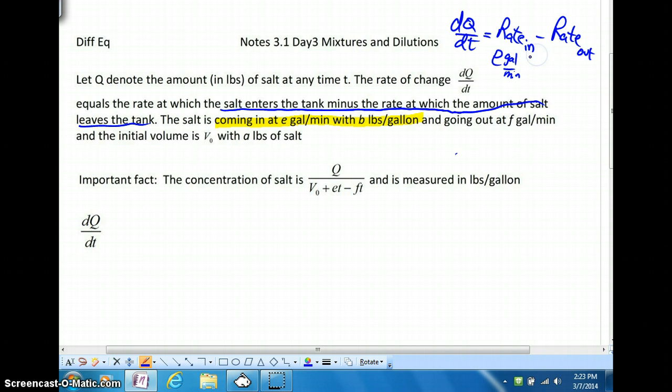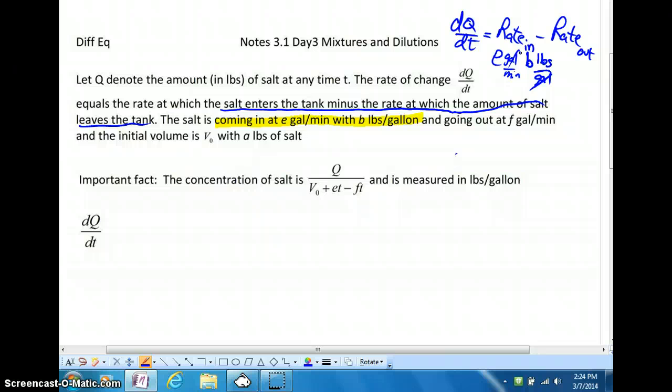When you multiply by B pounds per gallon, you can see the gallons cancel out. You're left with pounds per minute. So we had gallons per minute, that's the rate of flow in, just of the liquid. But we have B pounds of salt per gallon, multiply them together, and that's how many pounds of salt come in a minute.